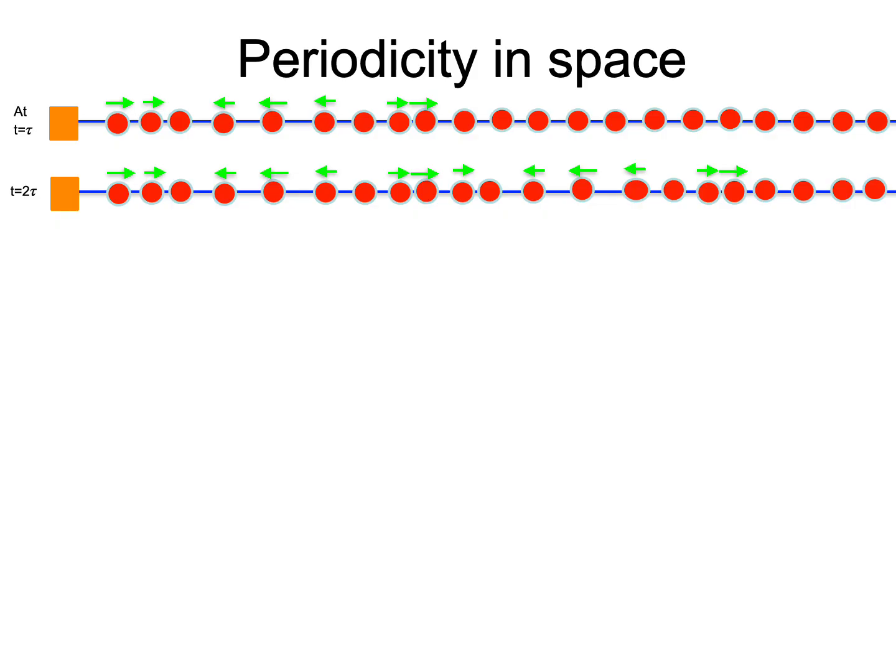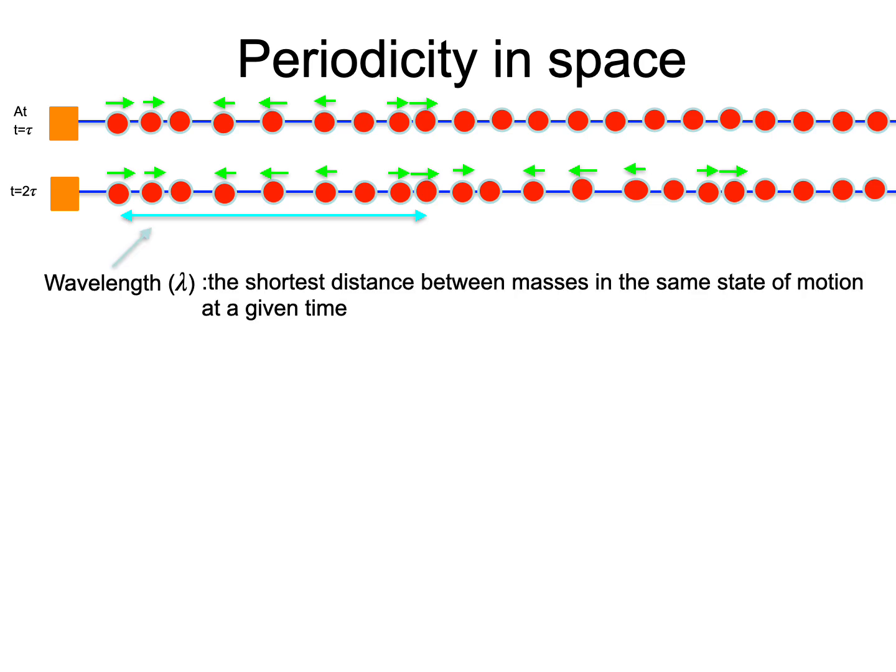The distance between a mass at its equilibrium position moving at maximum speed towards the right and the closest mass with the same motion at the given time is called the wavelength. It could be measured anywhere if the pattern is truly repeated.